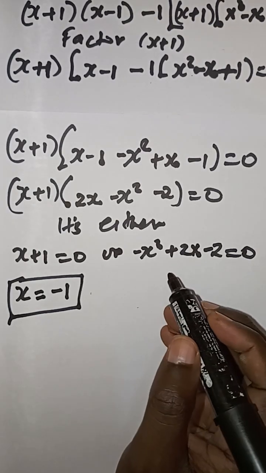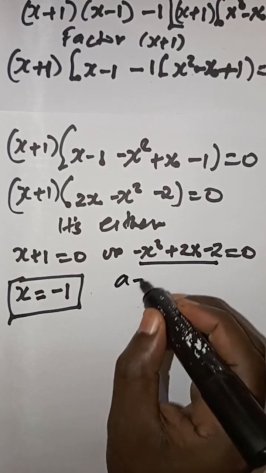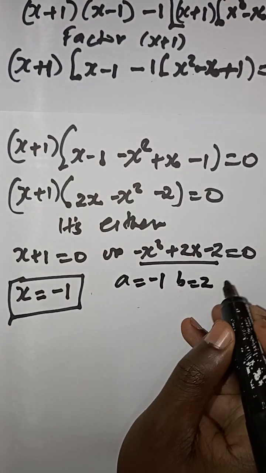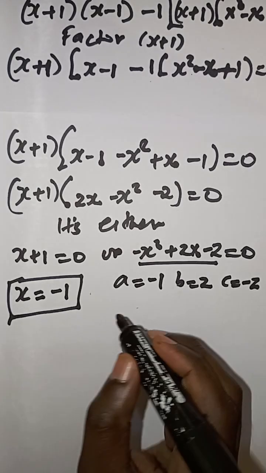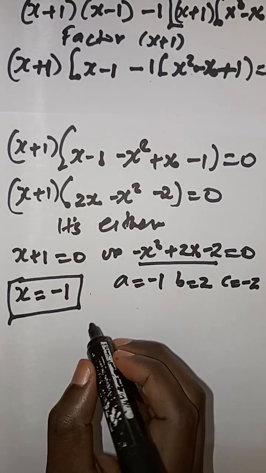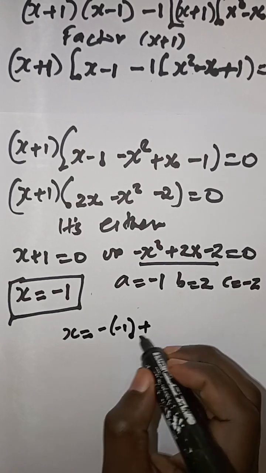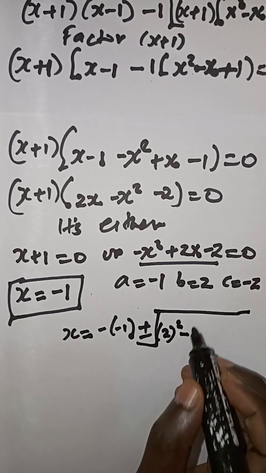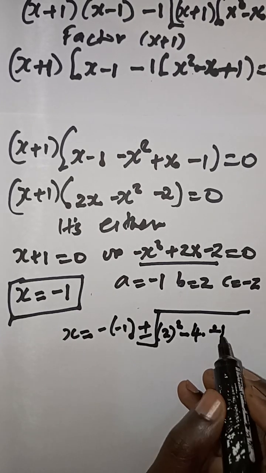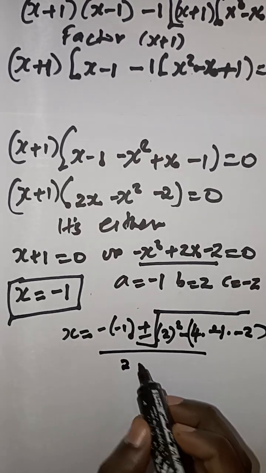For this other side, I'll solve this using the quadratic formula. A equals negative 1, B equals 2, C equals negative 2. Substituting all this in the quadratic formula, my value of x is equal to negative of 2, sorry, negative b, plus or minus the square root of b squared, that is 2 squared, minus 4 times a times c, divided by 2 times a, which is negative 1.